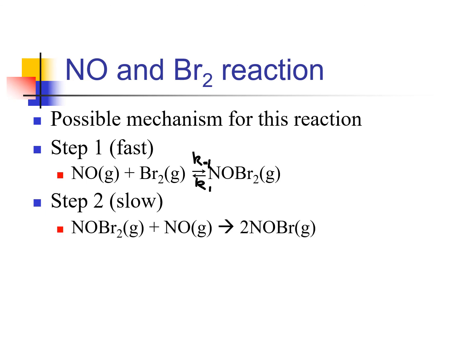Now notice when we do this, if the first step is fast, we assume that there's equilibrium. And so there's actually 2 kind of rate laws here. There's the rate for the first forward reaction and the rate for the reverse. But there's that slow step there. There's step 2, the slow step.